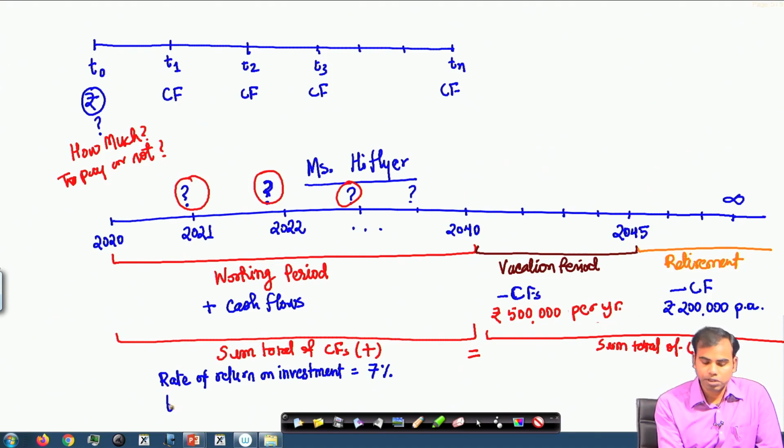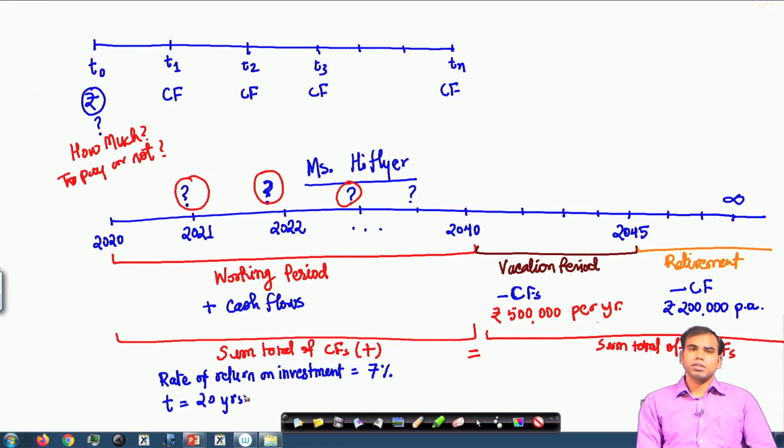So, the time period is 20 years, and she would spend all her savings, which will be invested in different types of assets, for the next 5 years on vacationing, which will require 5 lakh rupees per year as expenses, and after 5 years she will settle down in a monastery somewhere or in a retirement home, which will require her to spend about 2 lakh rupees per year of expenses.